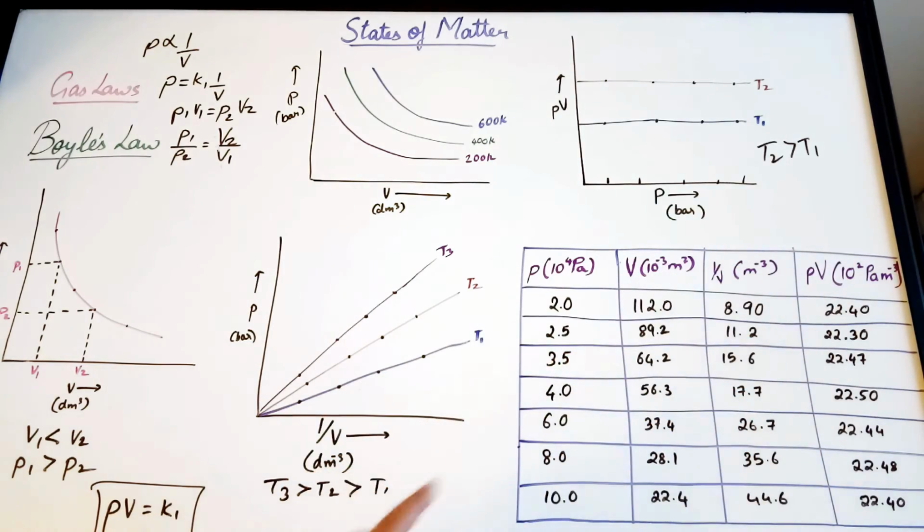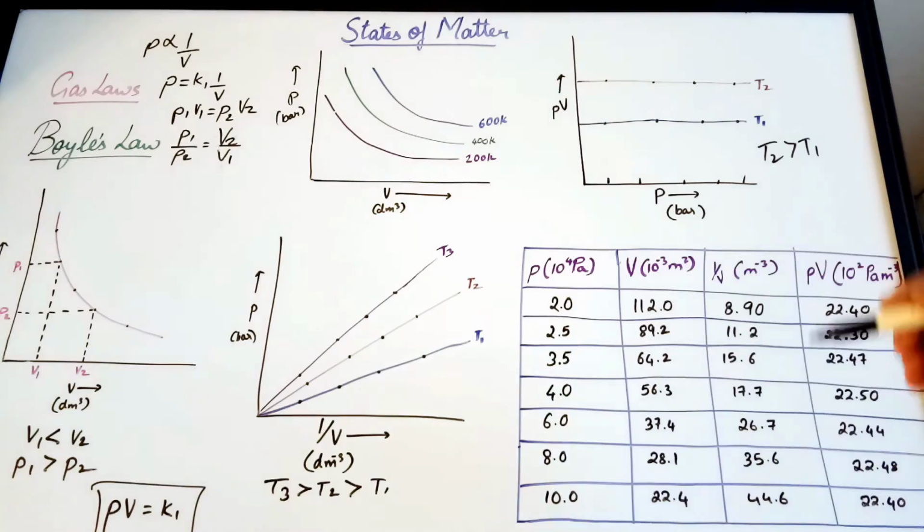The last one: remember I told you that when you take the product of P and V, it's going to stay constant. So if you notice over here, they're all quite close to each other. They're all 22, but after the decimal point, you have 22.40, 22.30, 22.47. So all of these are quite close together.